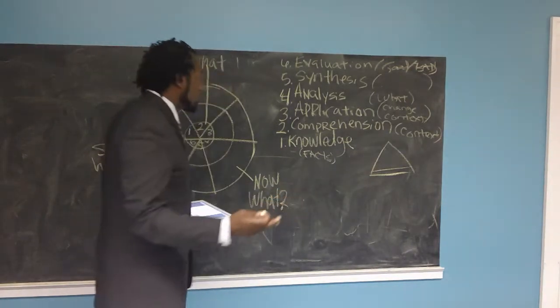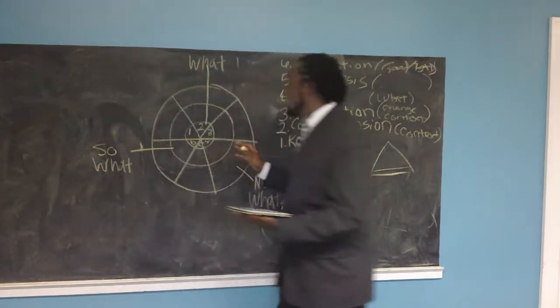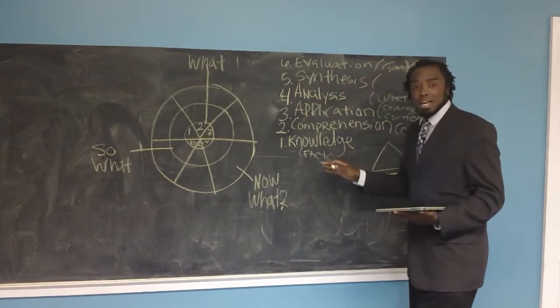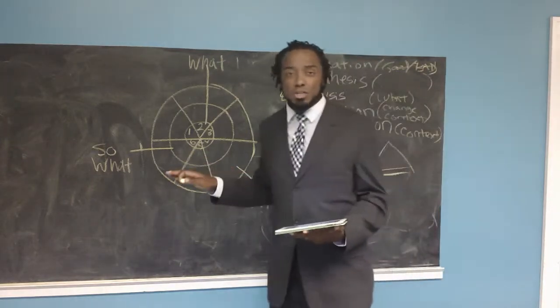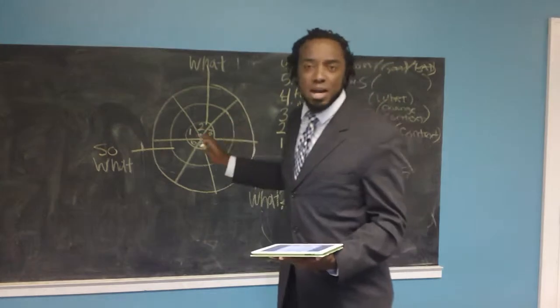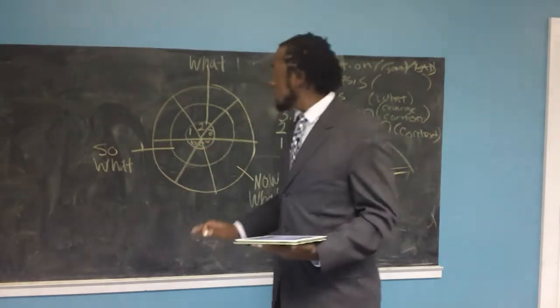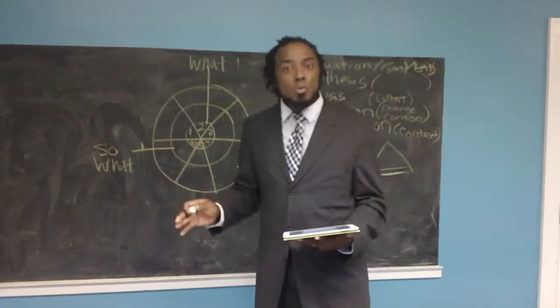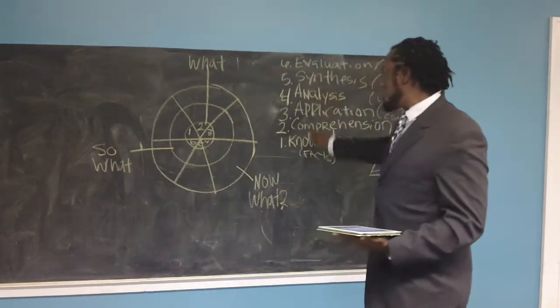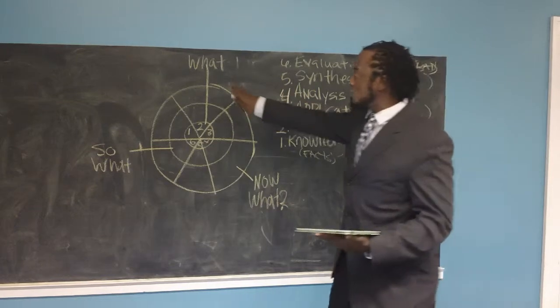And so what I would then suggest is that there are 3 areas in which we can look at Bloom's taxonomy as an effective way of teaching and learning. And we should be able to break those down into these simple questions. What? So what? Now what? And if we look at each one of these areas and we ask those 3 questions, what?